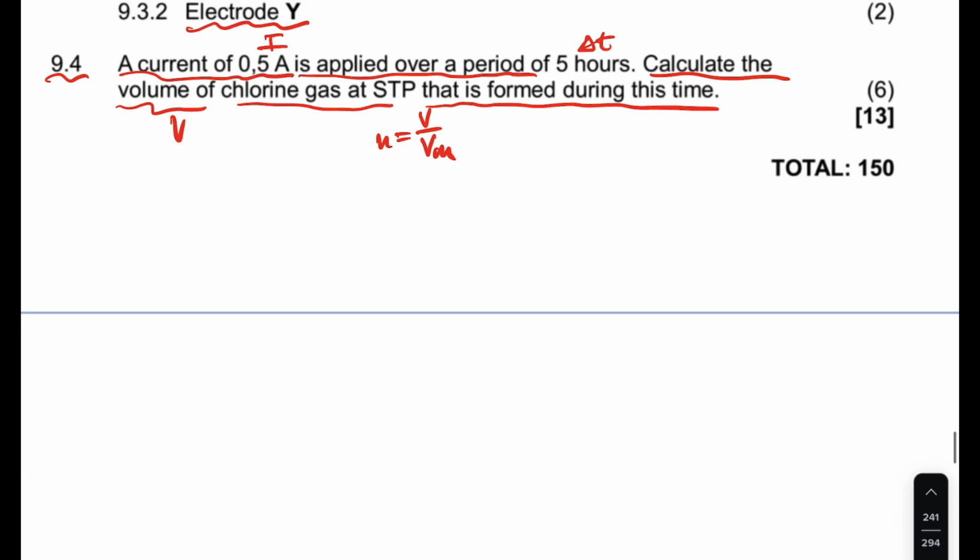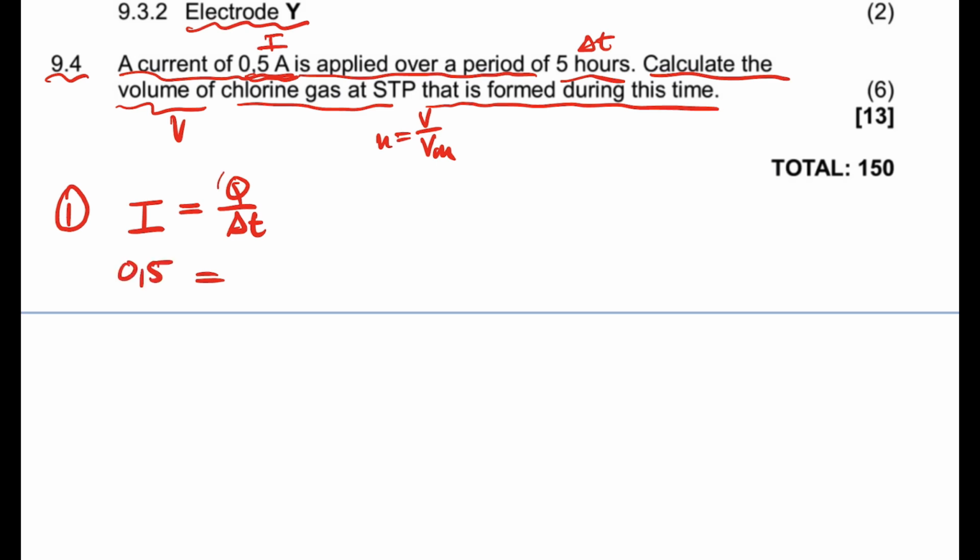So if we're given the current and time, that means we can get the charge. Step number 1: we use the formula current I = Q over Δt. We'll use the current, which is 0.5, and we get the charge and the time there.